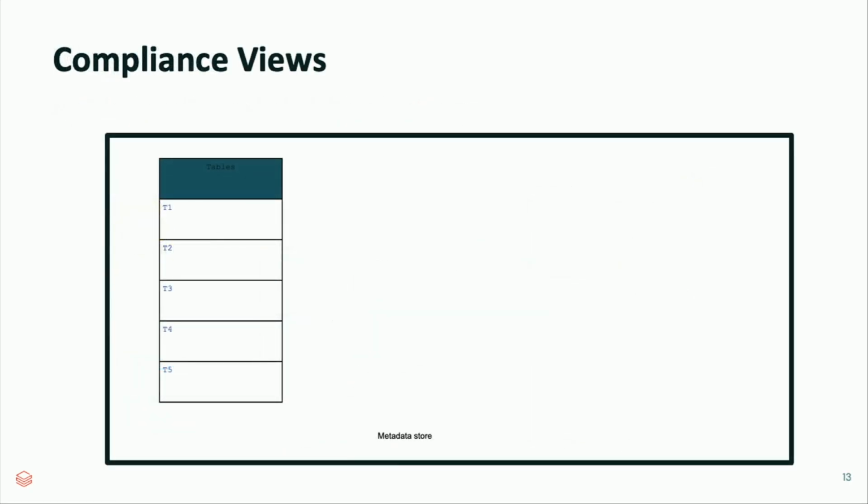So just to see an end-to-end example of how this works, and the general layout of the data lake with views as a compliance aspect and how it plays a role in applying compliance in a data lake. Let's assume that our data lake has this set of tables from T1 to T5.